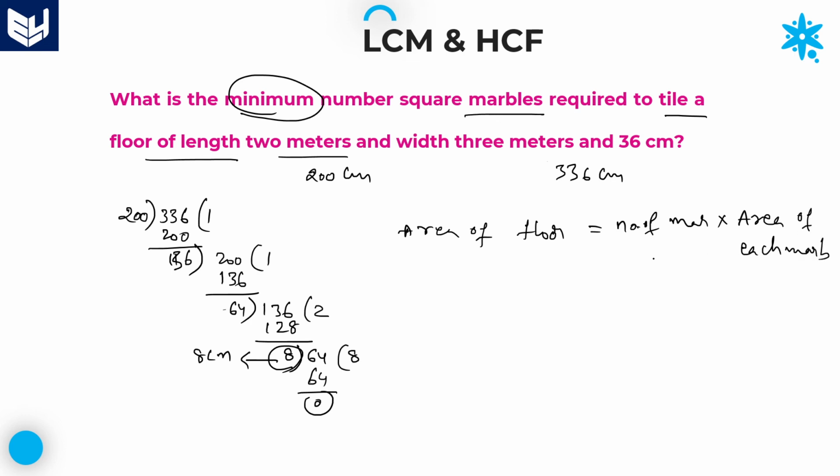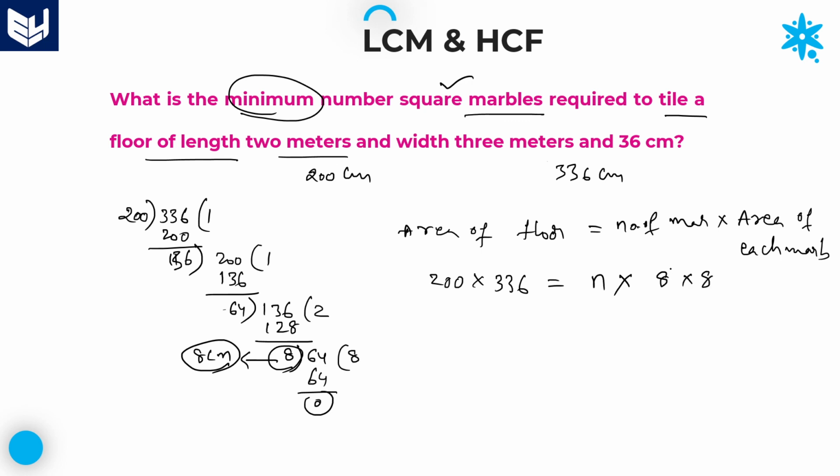The area of the floor is 200 centimeters into 336 centimeters, equal to the number of marbles, which we have to calculate, into the area of a square marble with a side of 8 centimeters, that is 8 into 8.